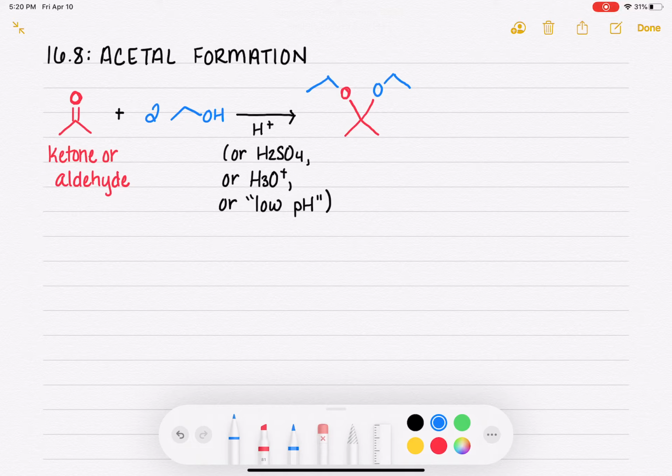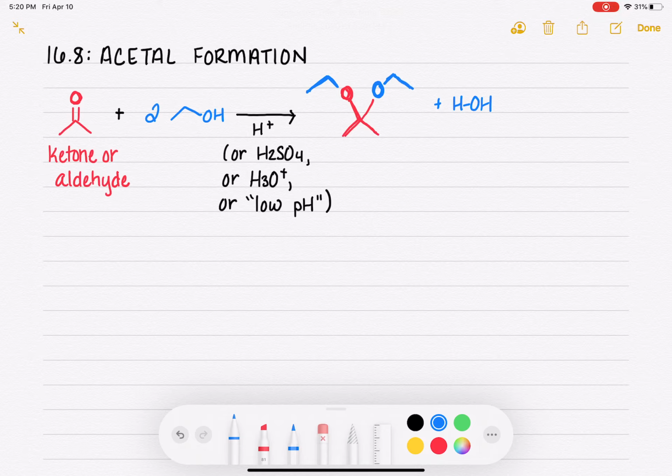So with the color coding, you can see the components in red that came from the aldehyde. You can see with the alcohols, one of the alcohols kept everything but its hydrogen from the OH. The other alcohol lost its whole entire OH. So together, the parts that those two alcohols lost add up to a water molecule, HOH.